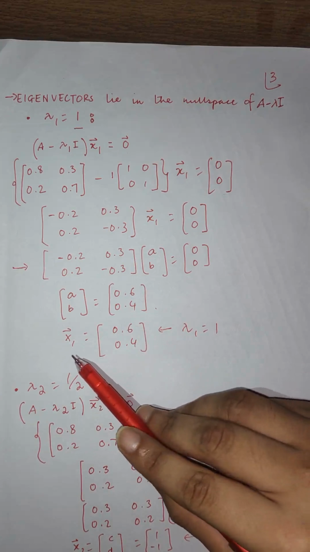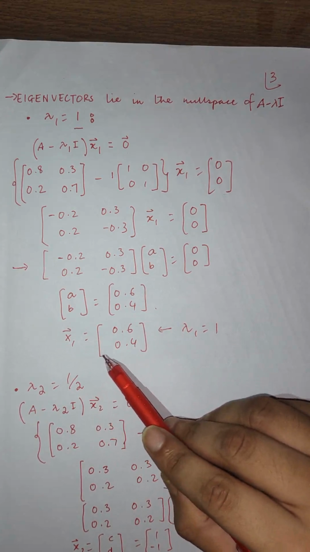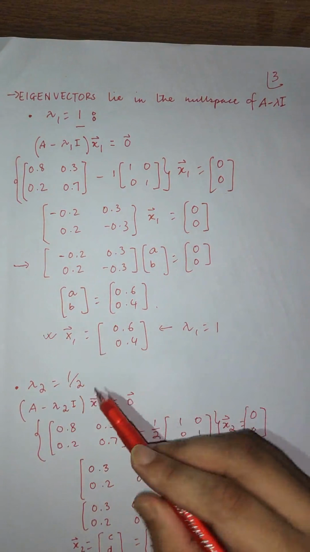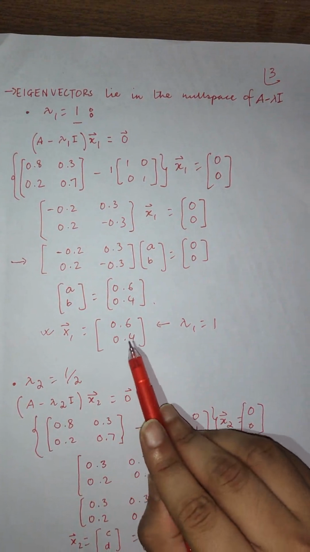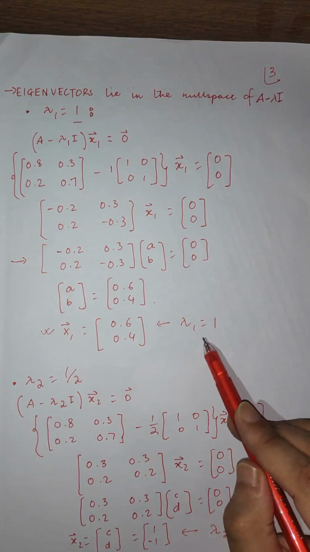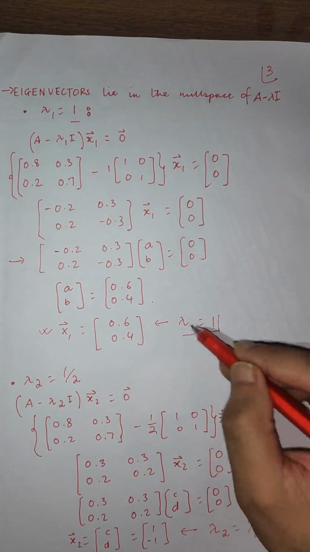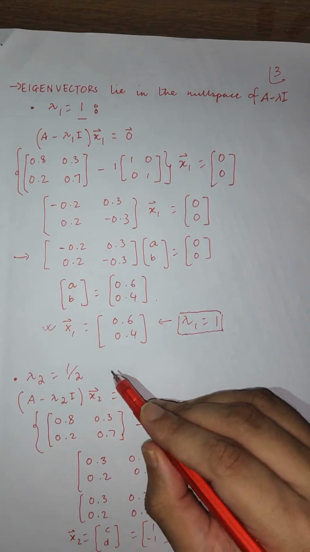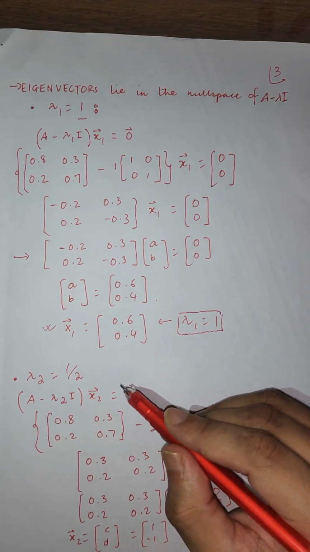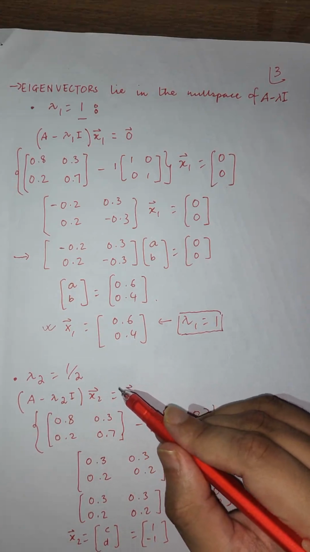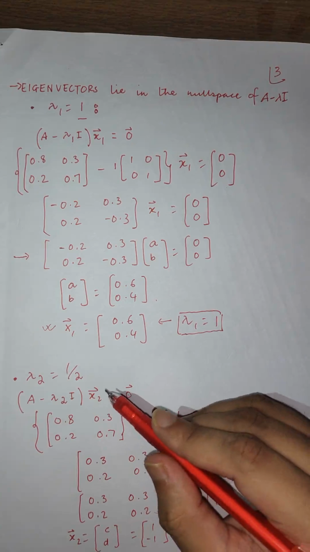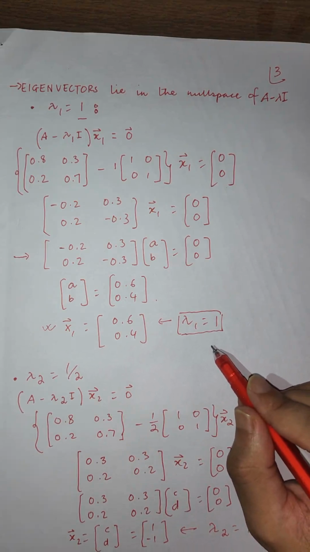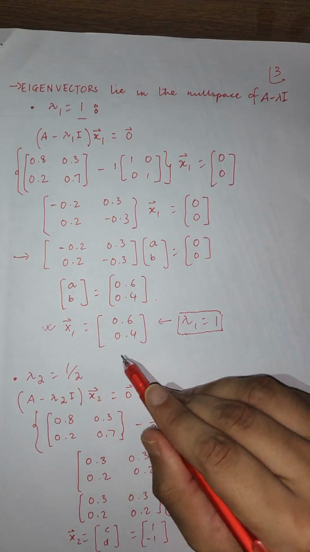So that makes the first eigenvector equal to this vector containing 0.6 and 0.4. So this is the eigenvector corresponding to this eigenvalue. That's basically the idea, that for a given eigenvalue we must have an eigenvector.